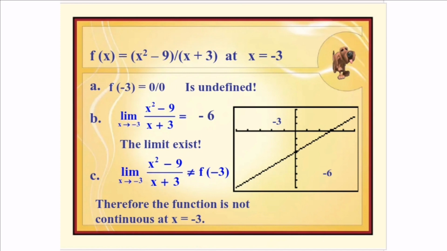So clearly the given function is not defined at the given point. Therefore the function is not continuous at the given point x equal to minus 3, because the given function does not satisfy all conditions of continuity.